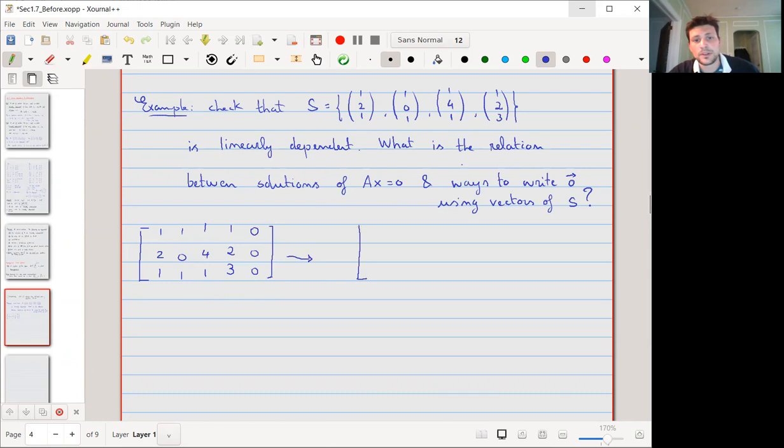Let's do some Gaussian elimination as usual. We have 1, 1, 1, 1, 0. Then I subtract twice the first from the second, and I subtract the first from the third.